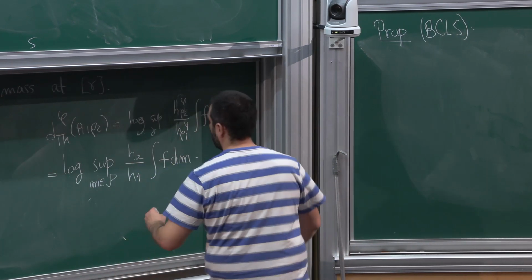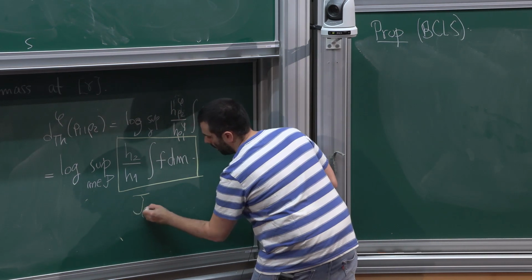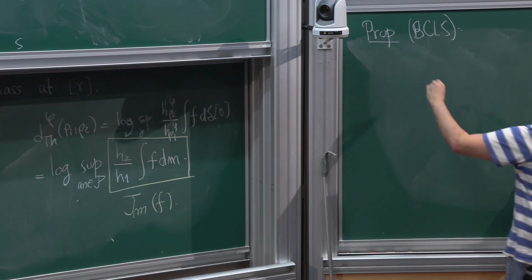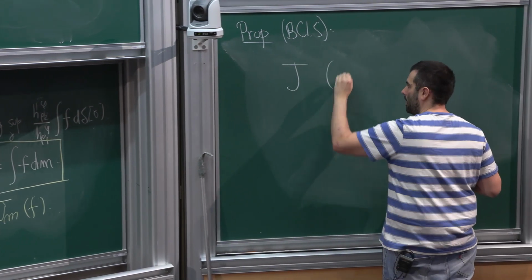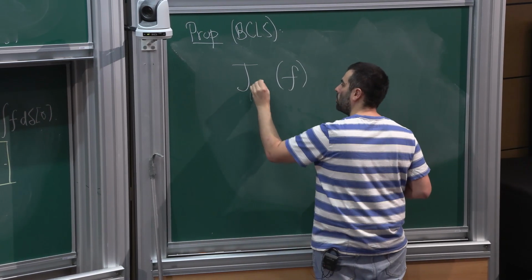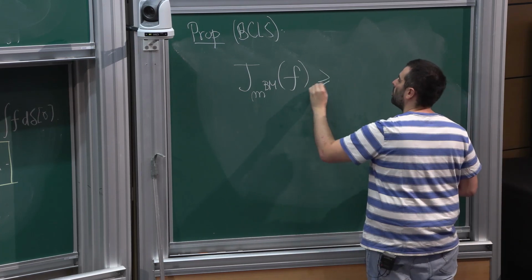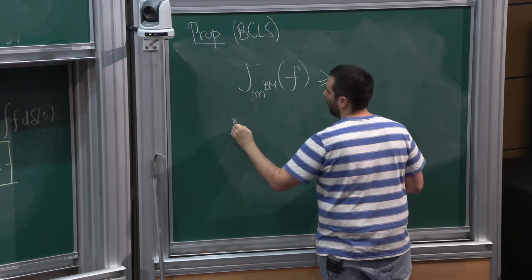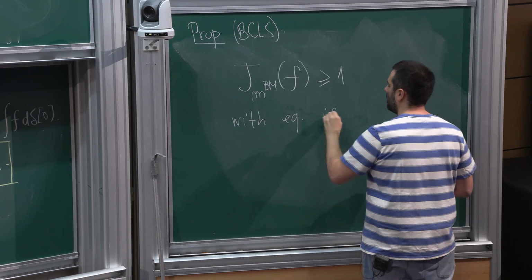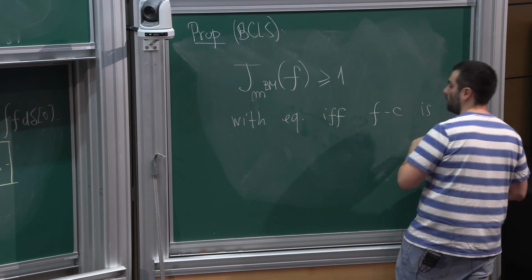So let me denote this number here by J_M of F. So basically let's prove that if I compute this number with respect to the Bowen-Margulis measure of the flow, this is greater or equal to 1 with equality if and only if F minus C is a derivative along the flow.